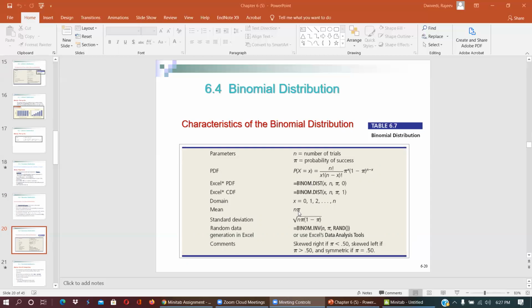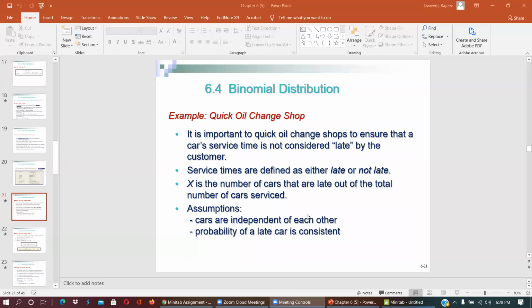Mean is n pi, where n means number of trials and pi is the probability. Standard deviation is square root of n pi (1 minus pi).